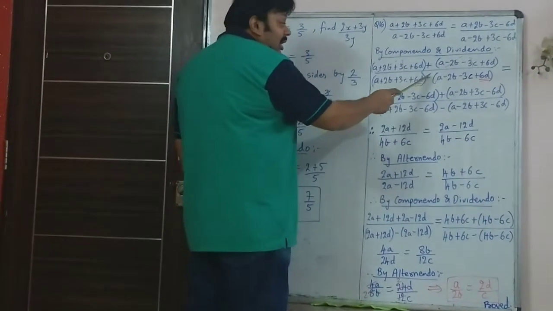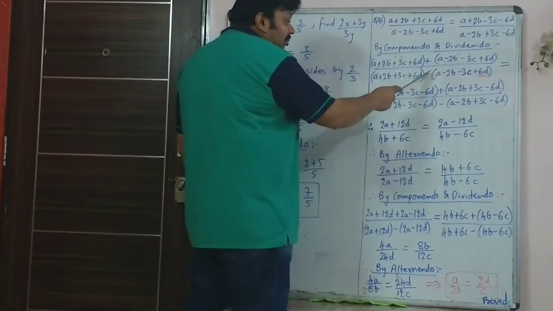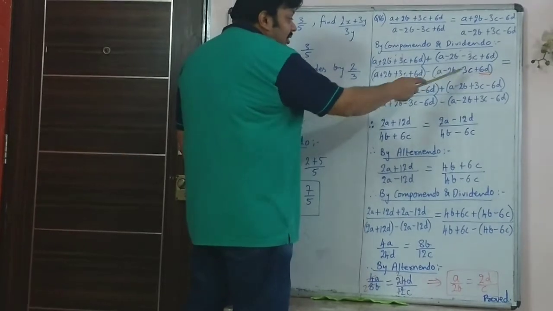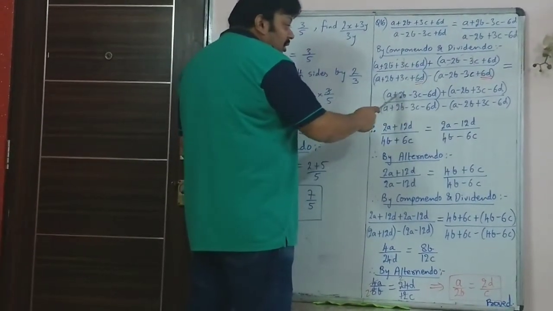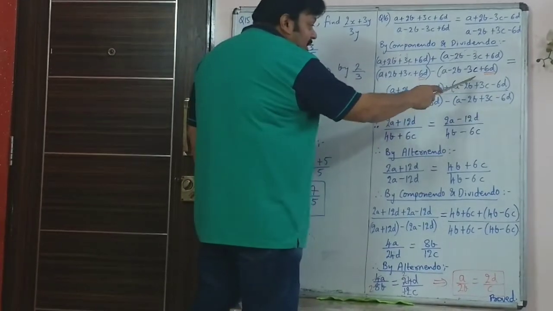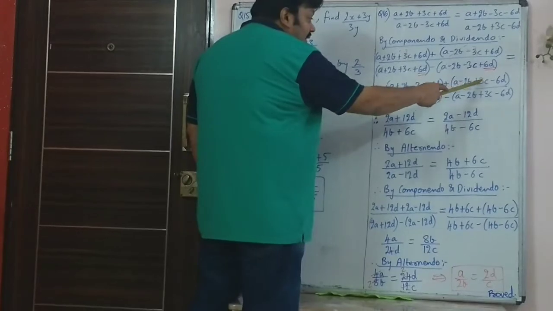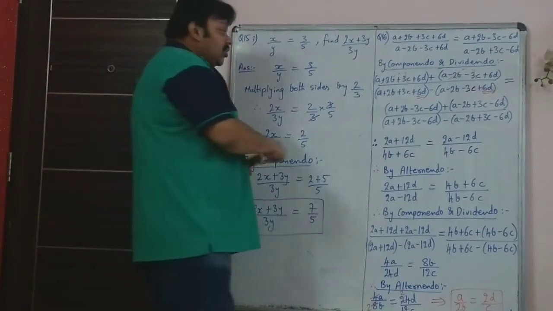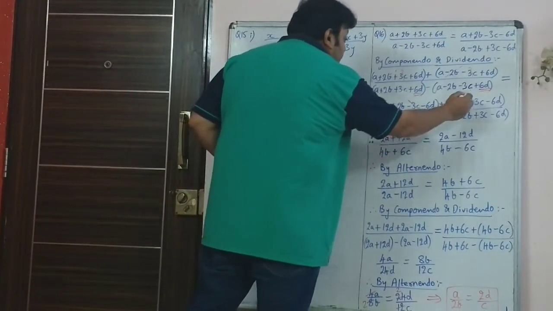Now 2b will get added to 2b, it will become 4b, and 3c minus of minus 3c is plus 3c, so it will become 6c. And on the other side, when you add it, minus 2b plus 2b will get cancelled, 3c and minus 3c will get cancelled. So here in the numerator, these two terms are getting cut.